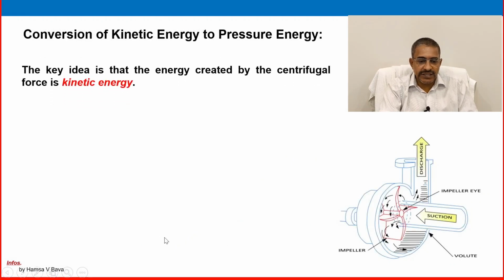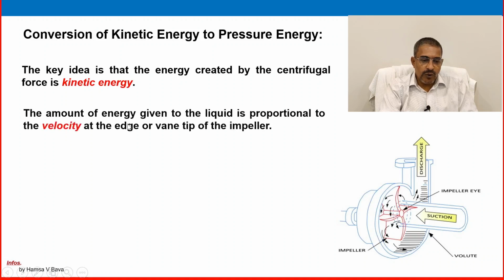Conversion of kinetic energy to pressure energy. The key idea is that the energy created by the centrifugal force is kinetic energy. The amount of energy given to the liquid is proportional to the velocity at the edge or vane tip of the impeller.